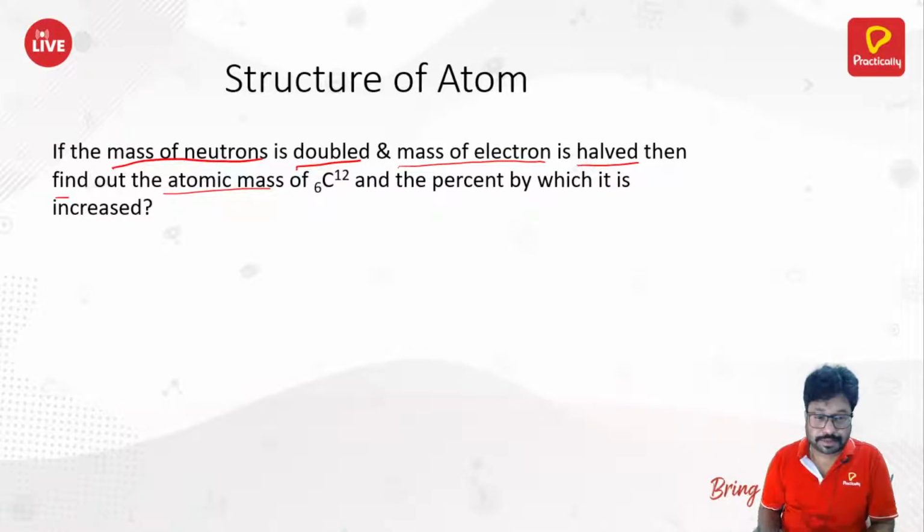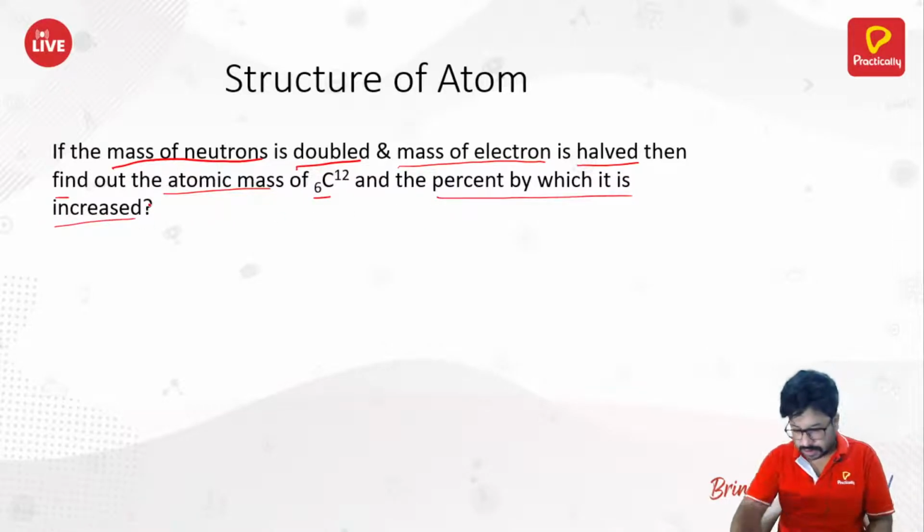Then the atomic mass of C-12 with atomic number 6, the percentage by which it changes is how much?